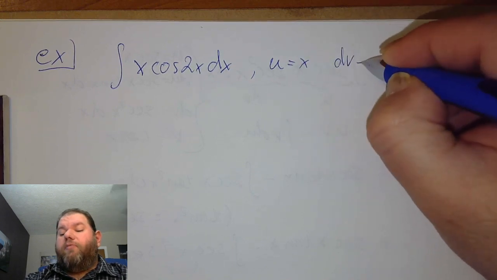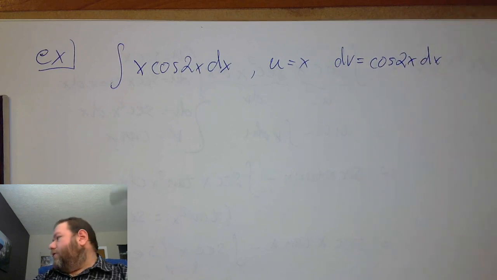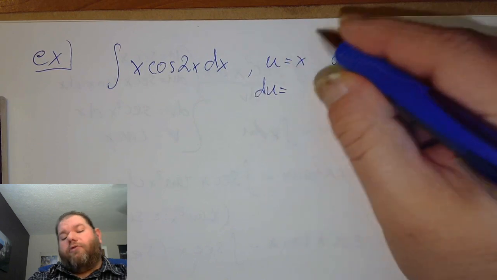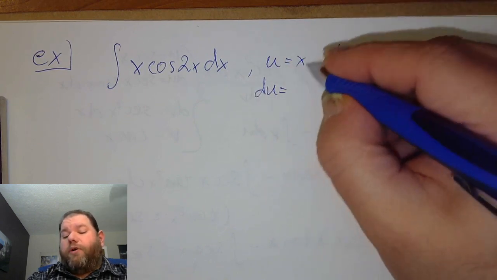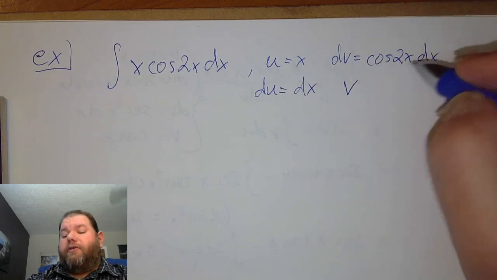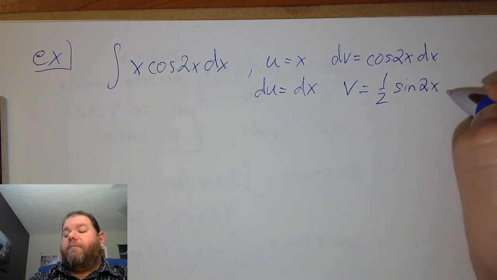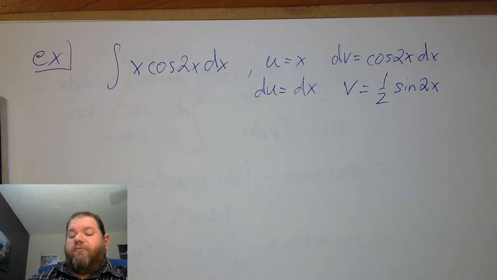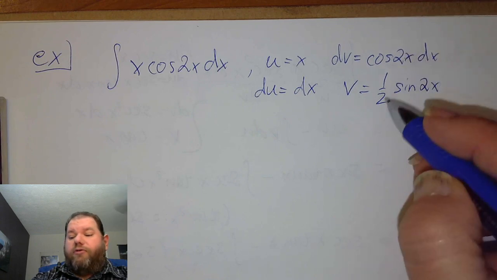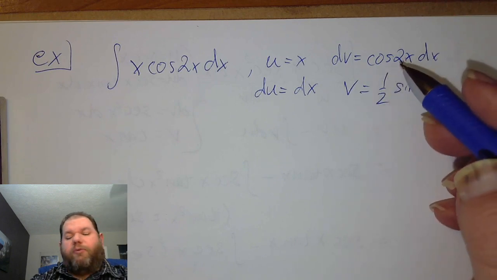And then dv will be the remaining parts of the integral, which is cosine 2x dx. We then find du, which is just 1 times dx. And we also integrate cosine 2x, which is 1/2 sine of 2x. Remember, when we integrate, we divide by that derivative inside the function. So we divide by 2, which is the same thing as multiplying by 1/2.